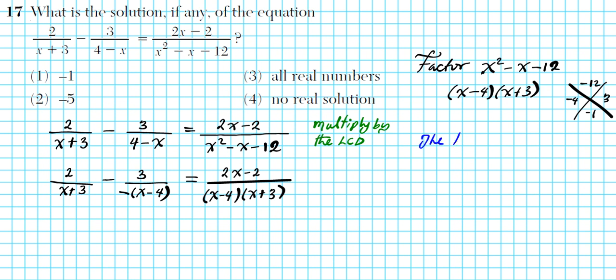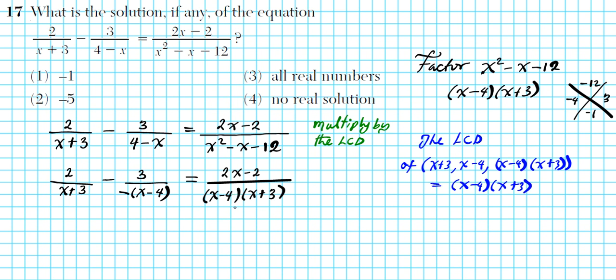The LCD of x plus 3, x minus 4, and x minus 4 times x plus 3. What's the LCD? The LCD is x minus 4 times x plus 3.